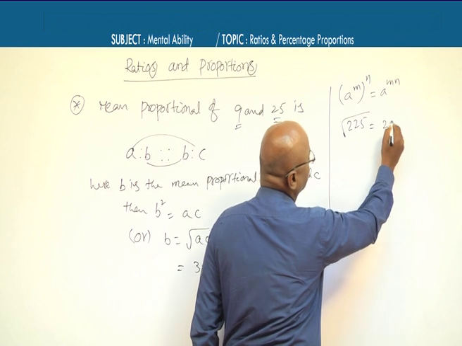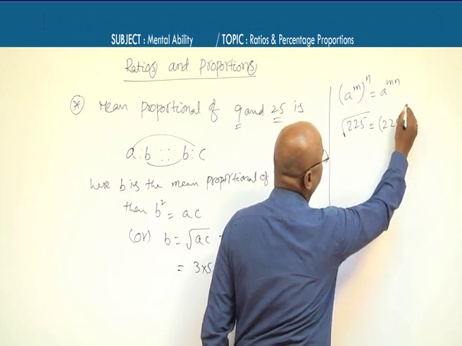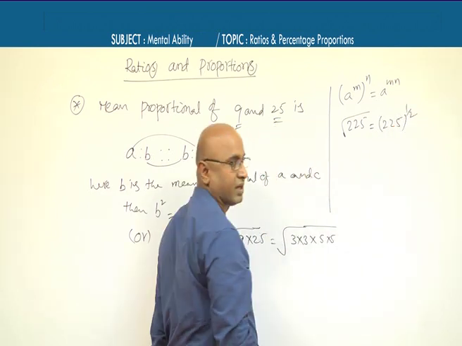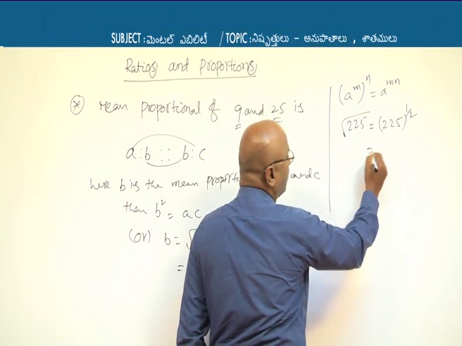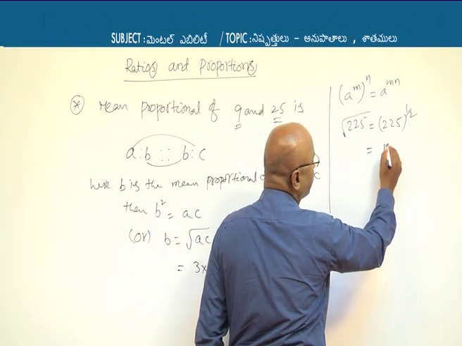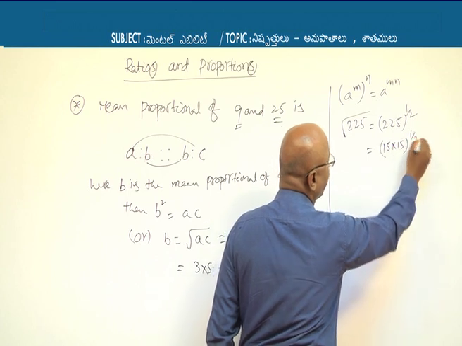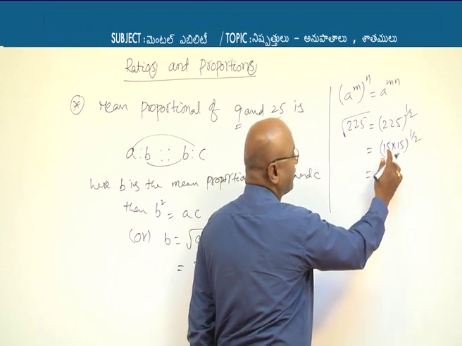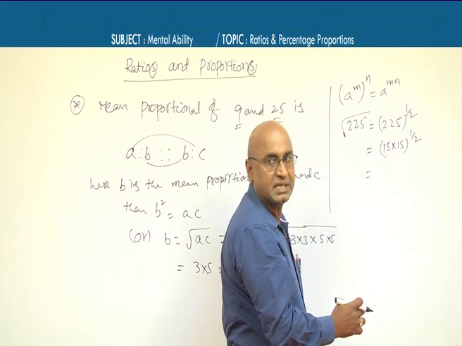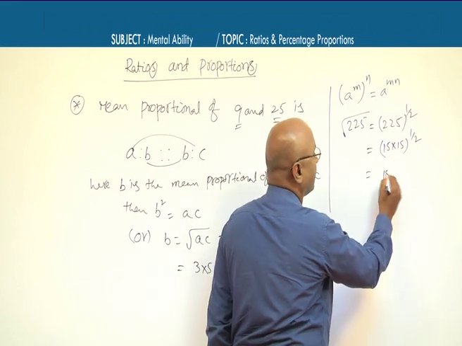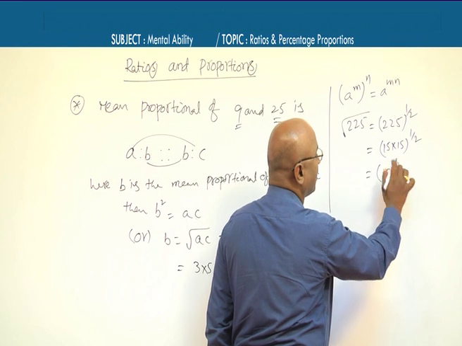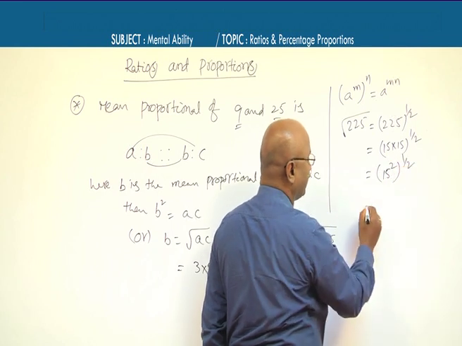Root means 225 whole to the power of 1 by 2. Correct? Now 225 can be written as 15 into 15, whole to the power of 1 by 2. That is equal to 15 square, whole to the power of 1 by 2.